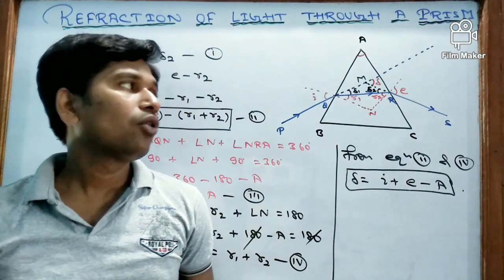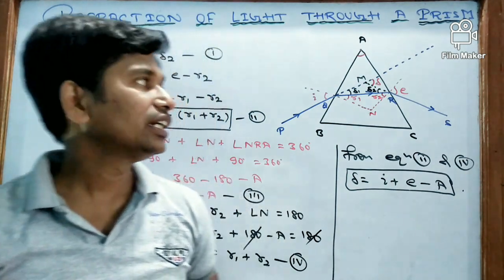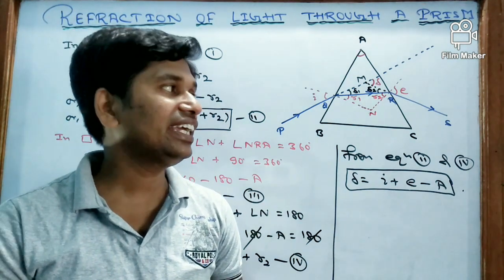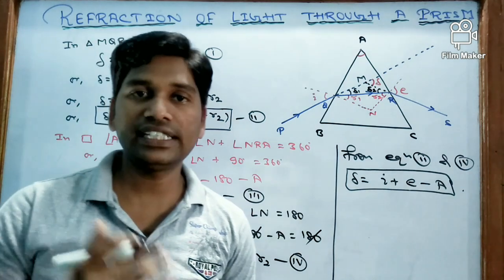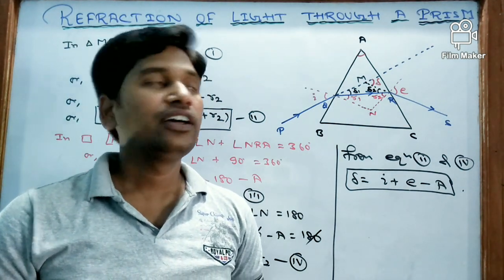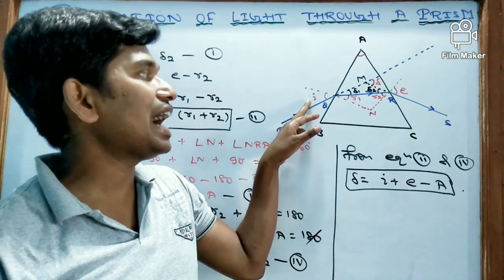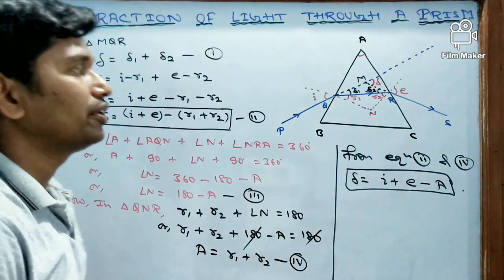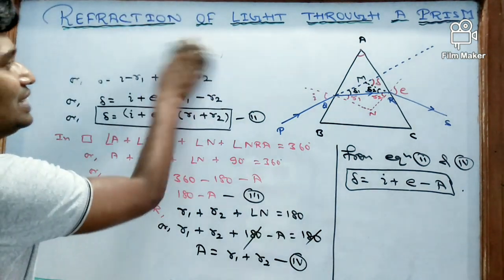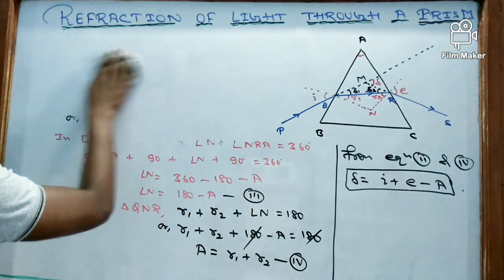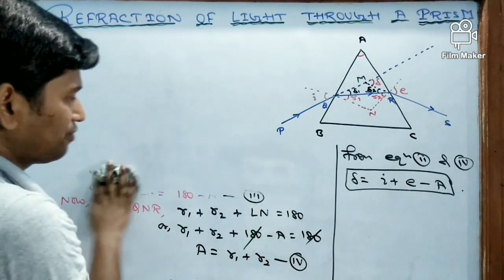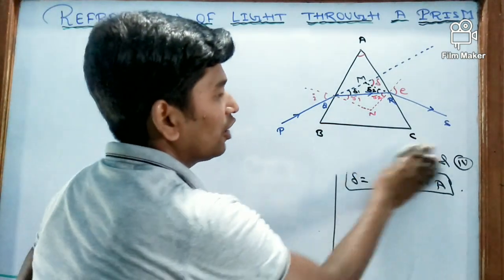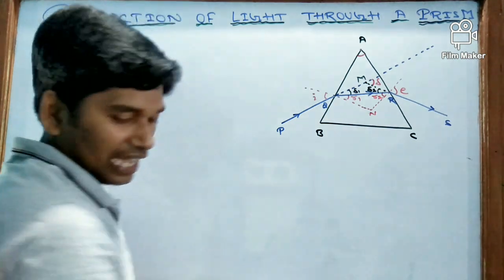Now we will see what are the factors on which the angle of deviation depends, or we can say the factors affecting the angle of deviation. So let us start. The first factor is I, that is the angle of incidence. Let us first see how the graph looks when we draw it between angle of deviation and angle of incidence.